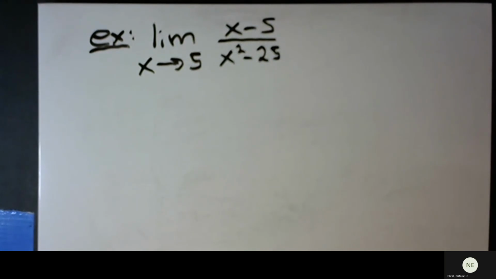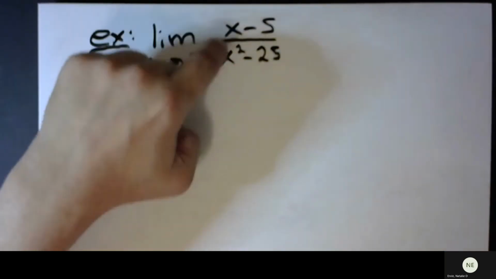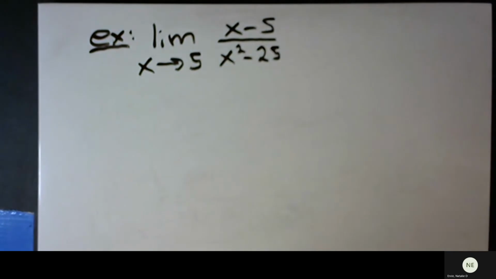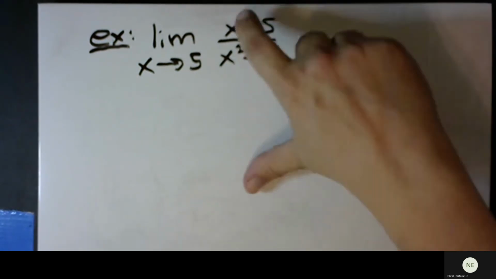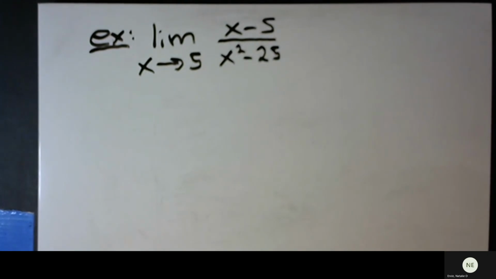Now, if we look at this, we could say, okay, well, I know the limit of a quotient will be the quotient of the limits. So that means I could just substitute 5 in for x. But if you do that, you're going to get a division by 0. And that's not going to work.